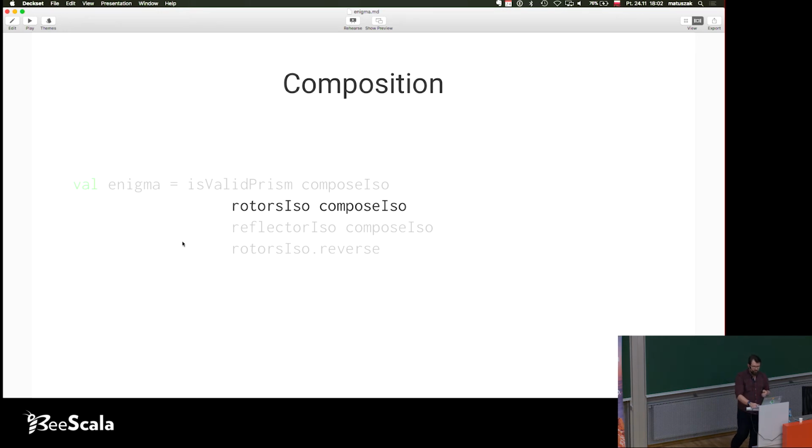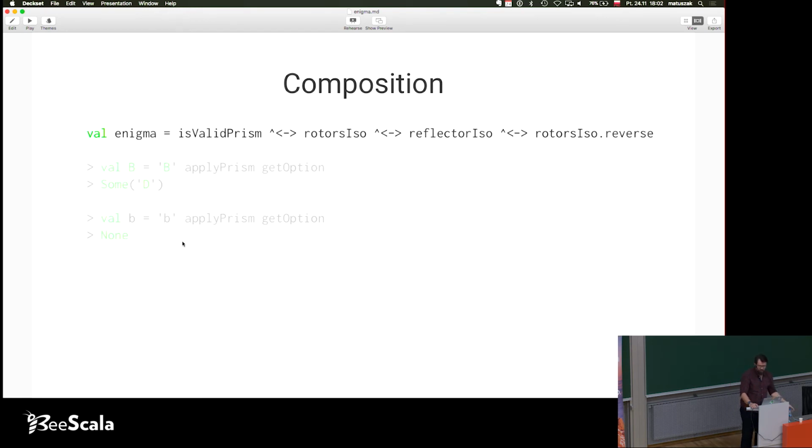Then we are composing with the reflector, representing ISO representing reflector, which I didn't show, but this is the same as rotor, but half of it, and it connects wires back. And we are composing this with reverse isomorphism for rotors. So we have the full path from input to output.